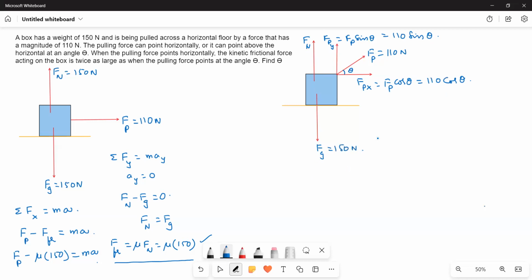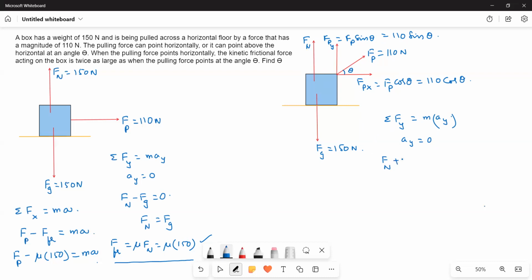Okay, again we have to write the equation here also. Here we will write the friction equation. Sigma Fy is equal to may. Here ay is equal to 0. Therefore, what are the forces acting on it? Upward direction forces: Fn plus Fpy, and Fpy is nothing but 110 sin theta.